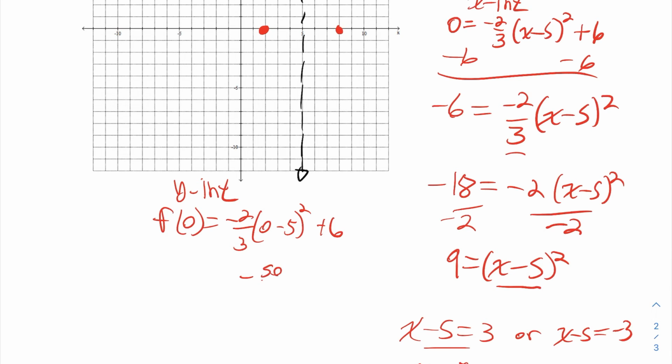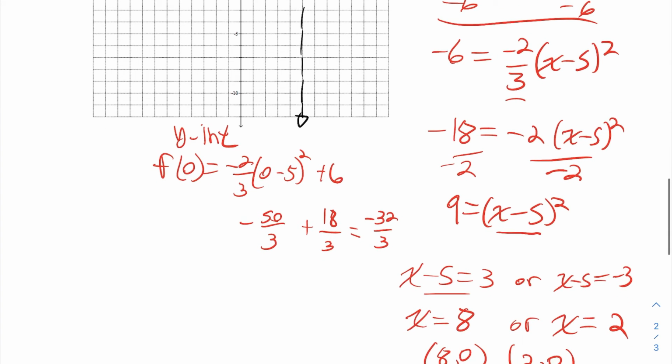So that's negative 50 over 3 plus 6, which is 18 over 3. So that's negative 32 over 3. A little bit more than negative 10. It's negative 10 and 2/3. So (0, negative 10 and 2/3).